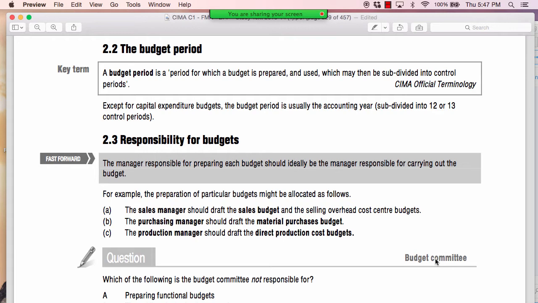And then the responsibility of the budget. The sales manager will be responsible for the sales budget, purchasing for the material purchasing budget, and production for the production cost budget. So each one of these heads will be responsible for their own areas.